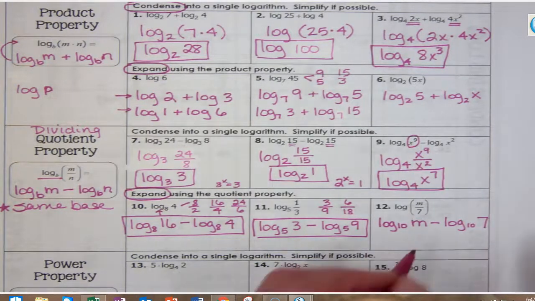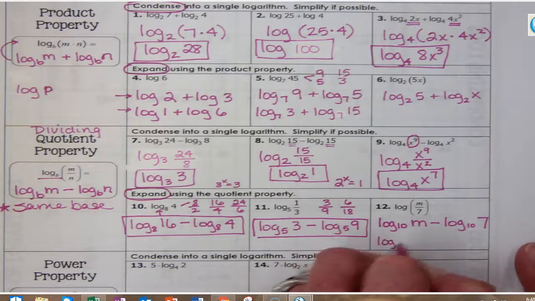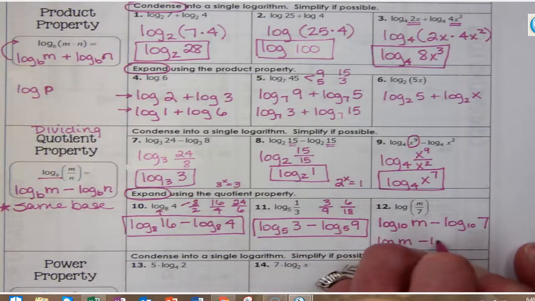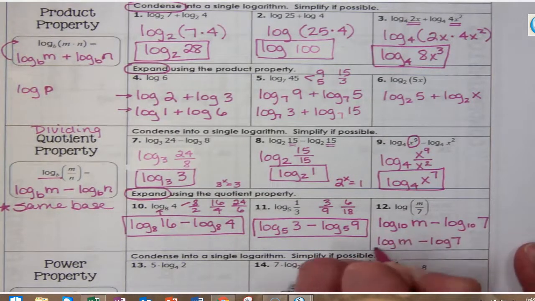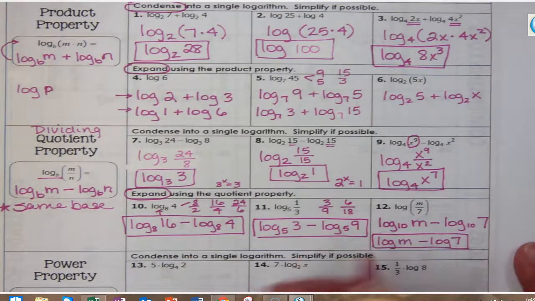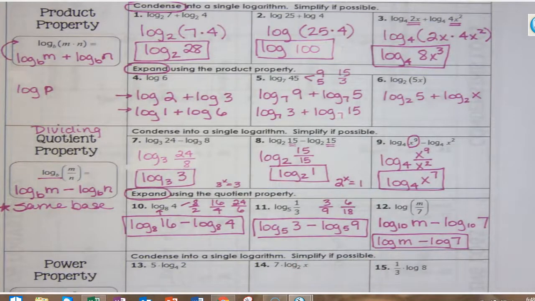And I don't have to write that base 10. I could actually write it, and should write it this way. All right. So hopefully you're getting that. Again, if you're struggling with this, go and do some of your homework problems before you go on to the next section.